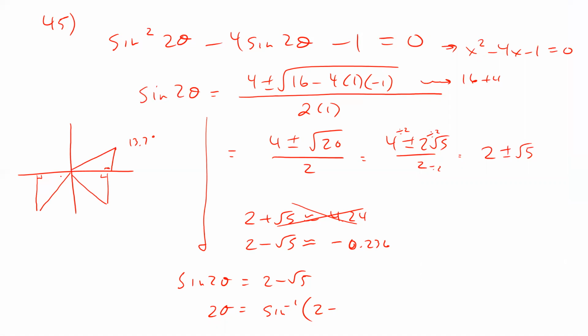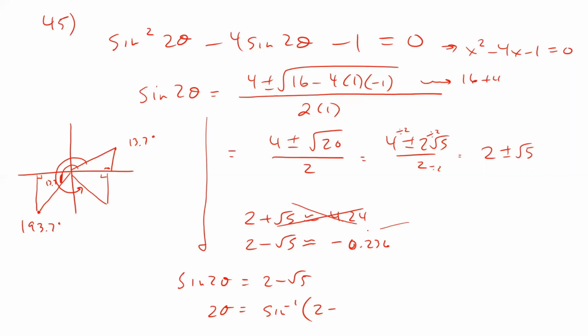Okay, so that means I'm looking for an angle here of 13.7 degrees. What will that be? 180 plus that, 193.7? Okay, I got that one. Why is it in quadrant 3 again?